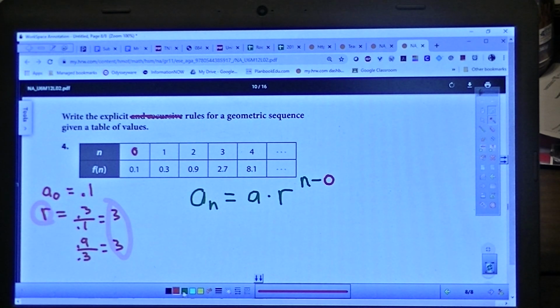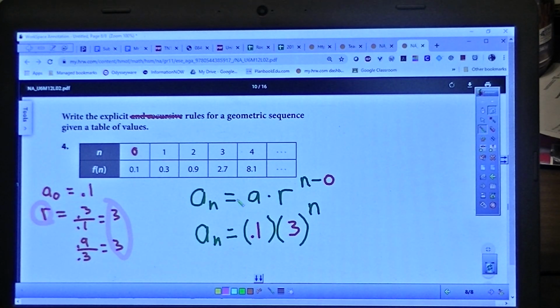So let's plug in what we know. We've got a sub n equals, that's going to be just plain n. And so we put 0.1 here, put a 3 there, turn on my highlighter, circle it, and say yippee-ki-yay, here we go. We're ready for the next one.